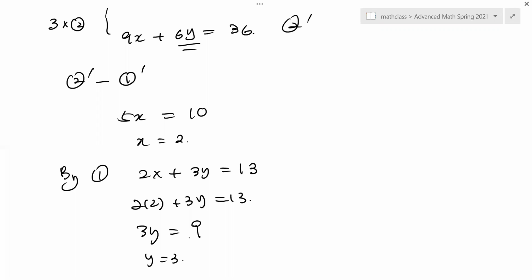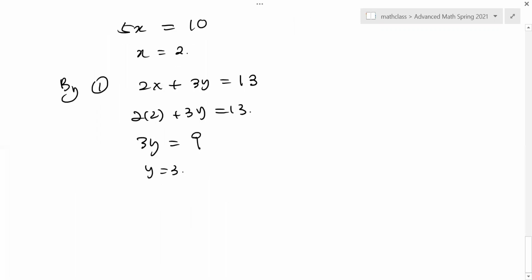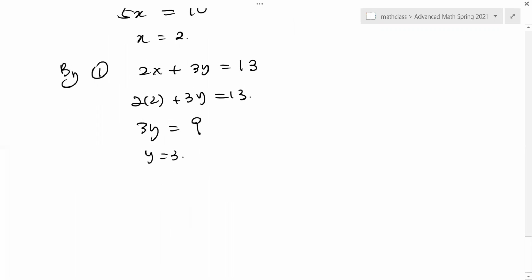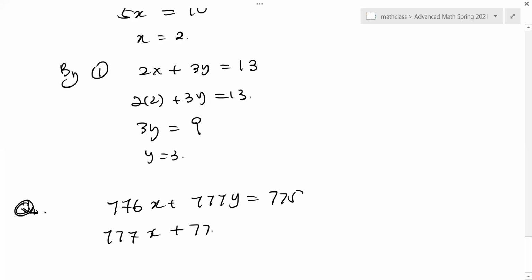All right, so the method I just mentioned to you can be used to solve the next problem. Okay, this is from math computation, but I'm going to keep exactly the same numbers. 776x plus 777y equals 775, and 777x plus 778y equals 776.